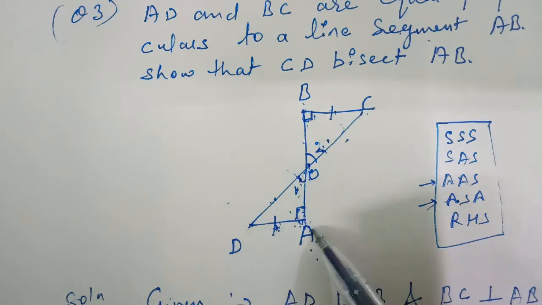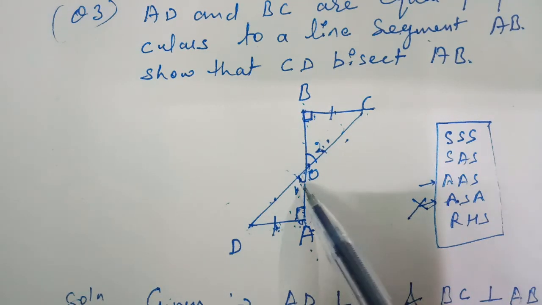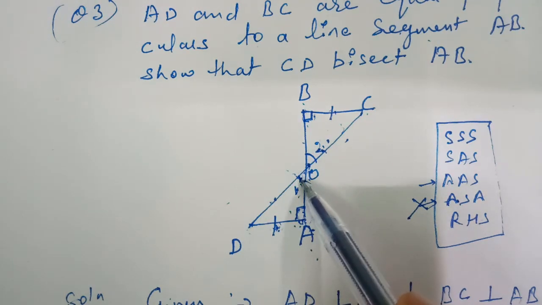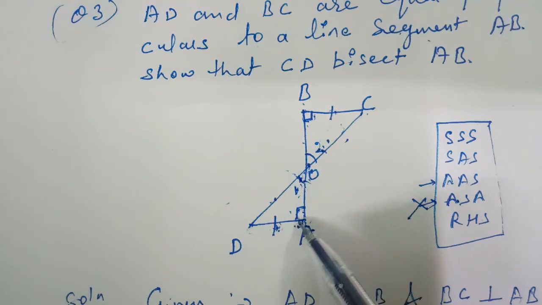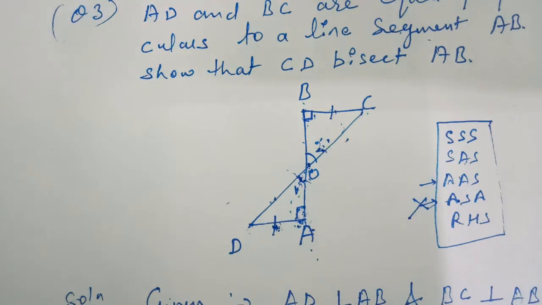So in the counting we are getting it, but it is not the correct one. So we will not take it. If we take clockwise, then angle, next again angle, and connected with it we have a side. So by angle angle side, both the triangles will be congruent. Angle angle side will be the correct criteria.